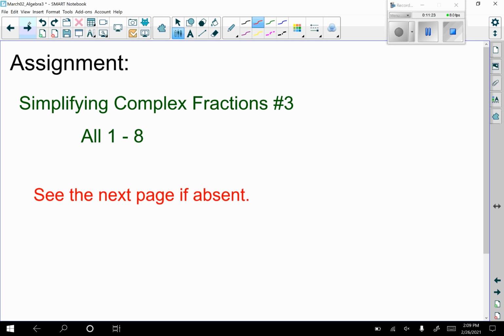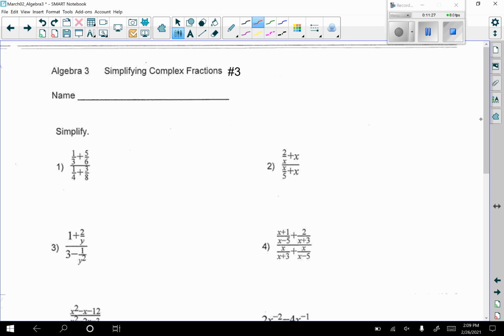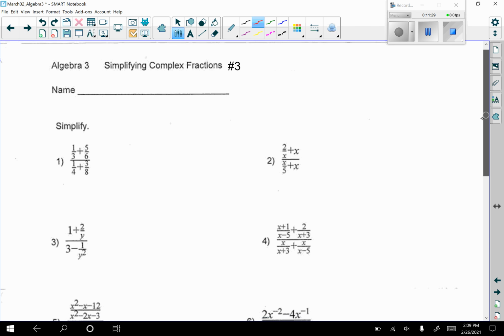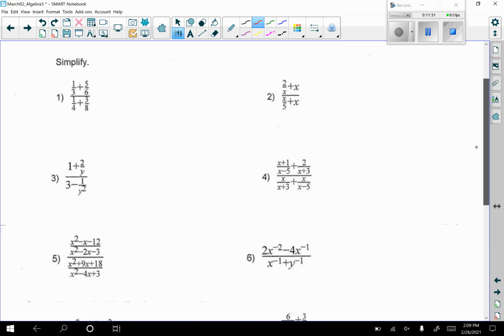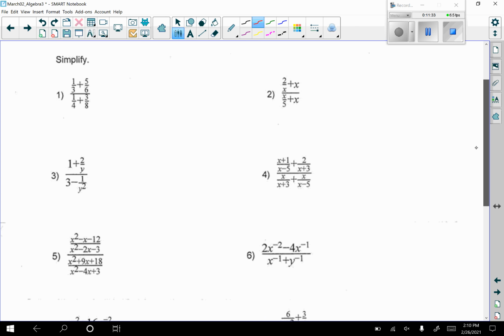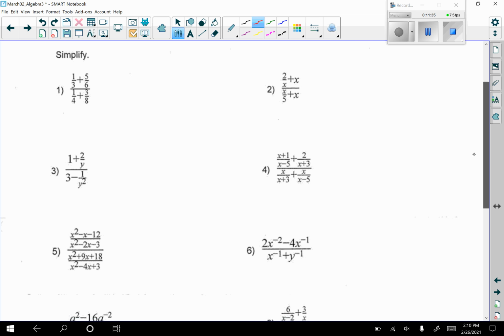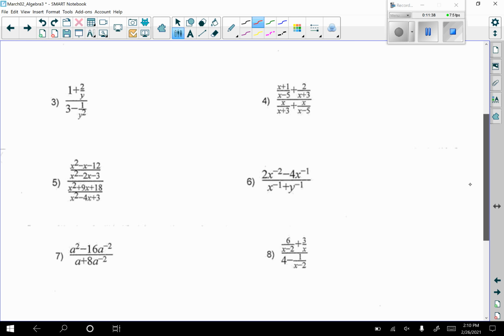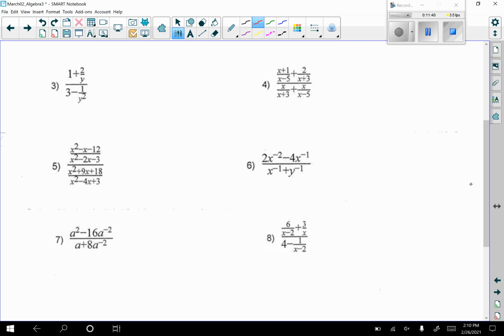So this will be posted as a separate PDF. But this is what the worksheet looks like. So please let me know if you guys have any questions.